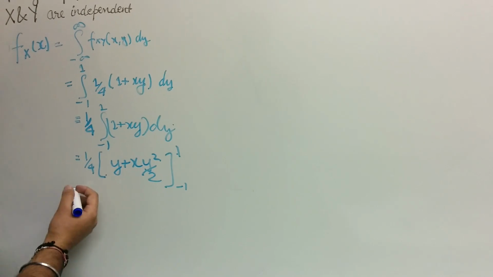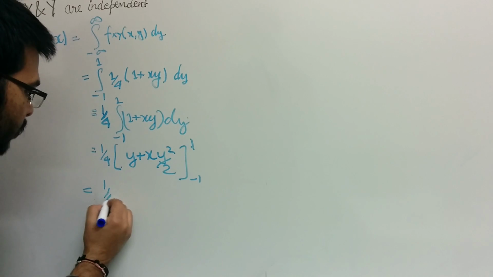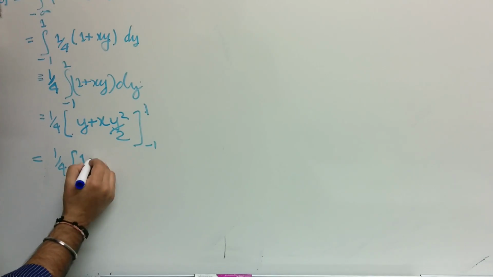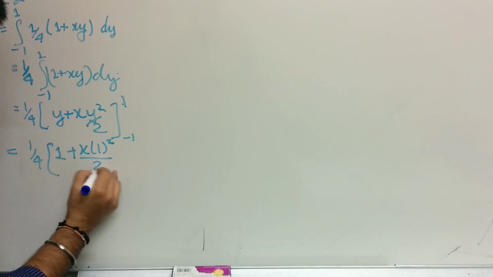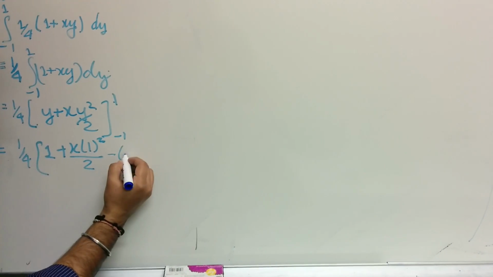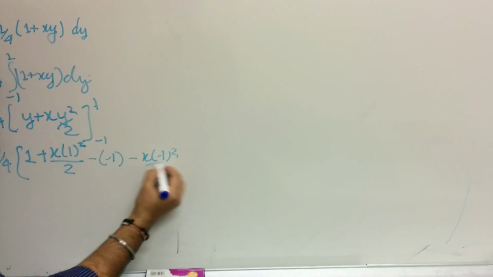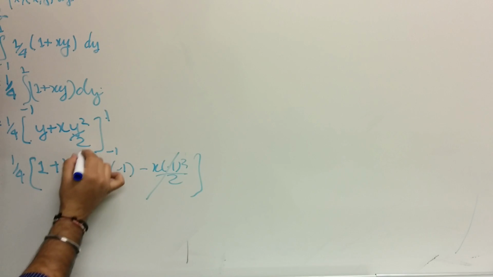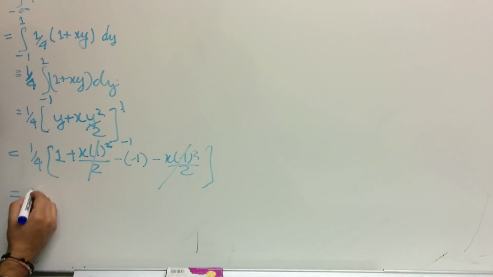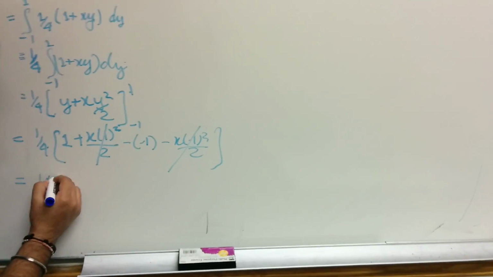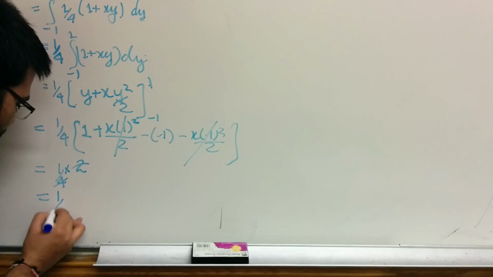On putting the values, cancelling out the opposite terms and solving, we get 1 by 4 into 2, that is equal to half.